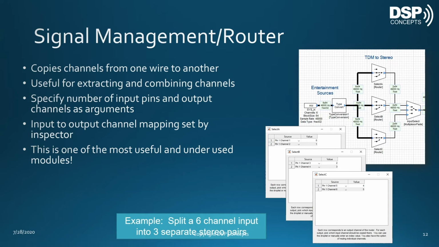After that, we have a multiplexer module which selects one of the sources as the output. So for example, you might select between radio, Bluetooth, and some other streaming source there. And then you smoothly switch between them with the multiplexer. So this is one example of how to use the router module.